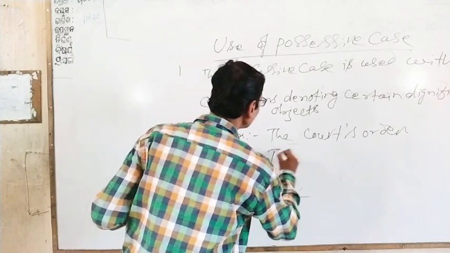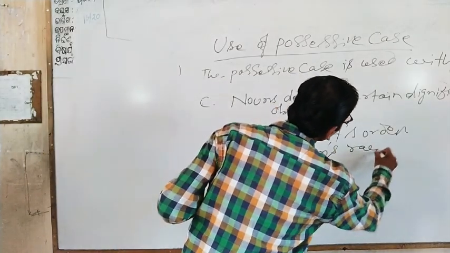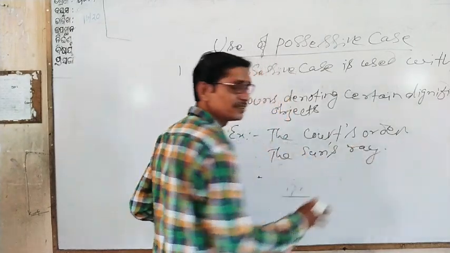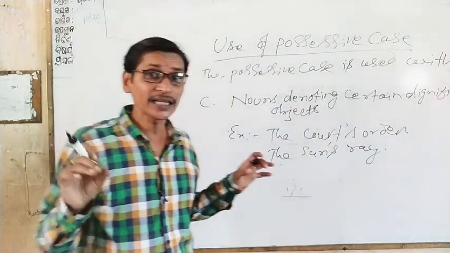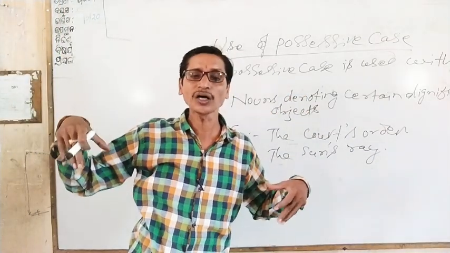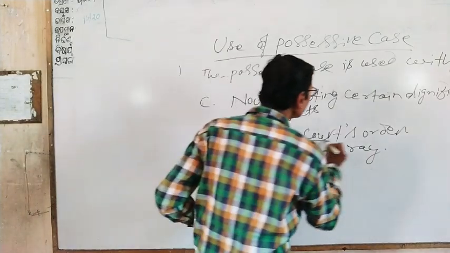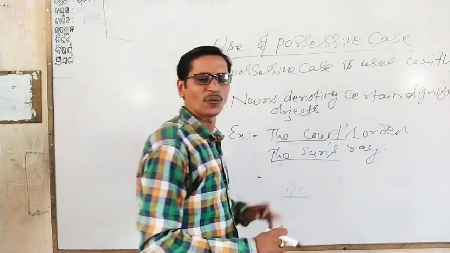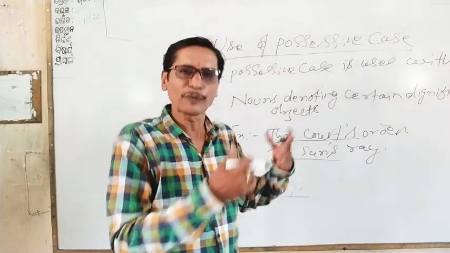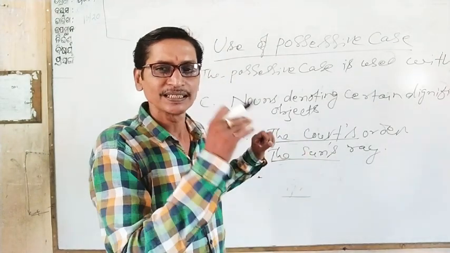Similarly, we can say the sun's ray. Here we are talking particularly about the sun's ray. The sun is a dignified object. Therefore, in these nouns, we have used the possessive case of the noun.